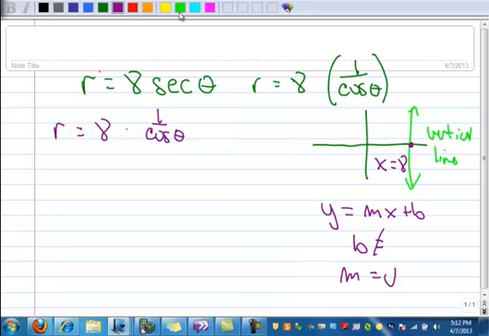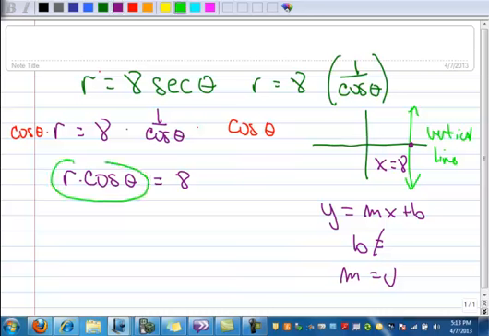Now I want to multiply both sides by cosine theta, so I end up with r times cosine theta equals 8, and then I recognize that r times cosine theta is my x, so I can make a substitution there, and I get x equals 8.